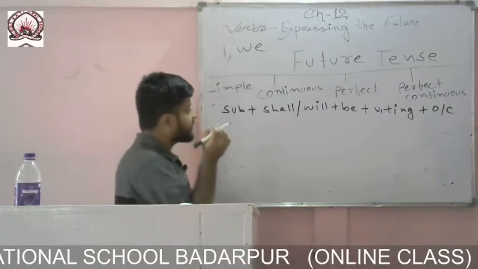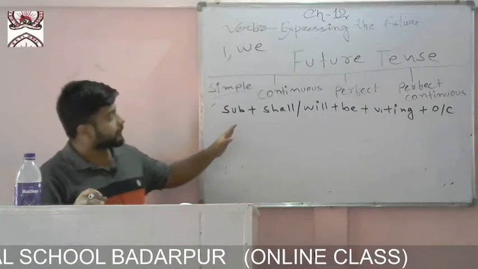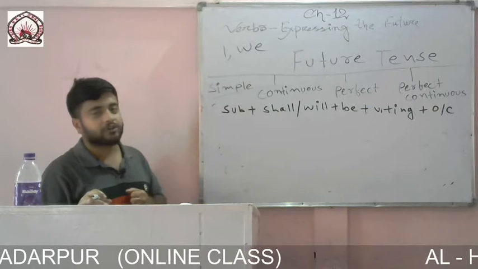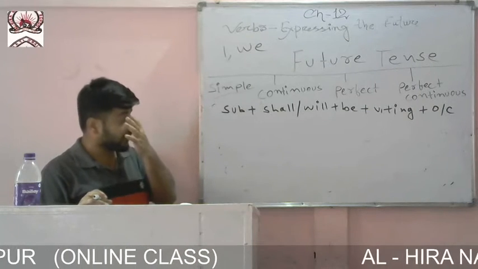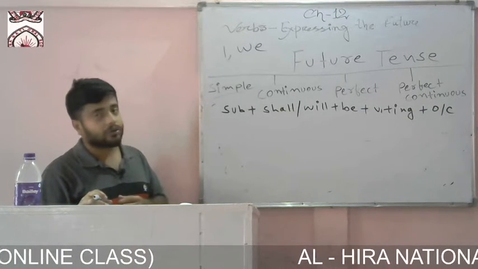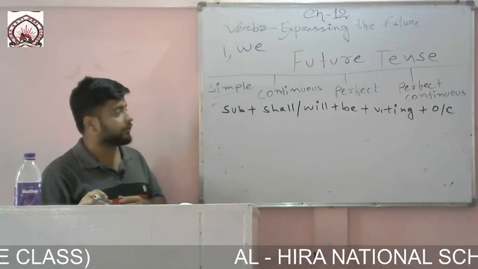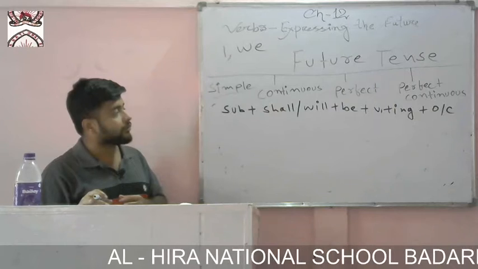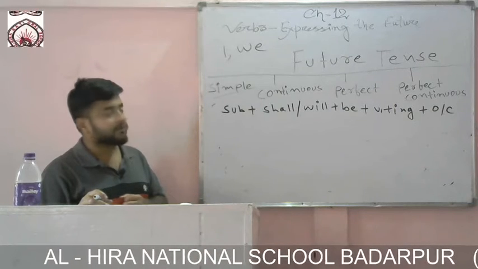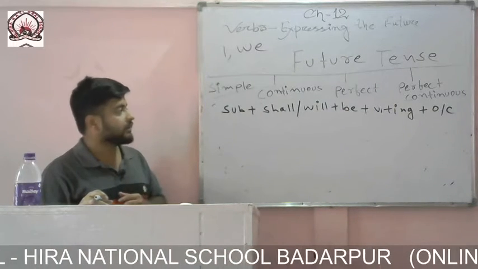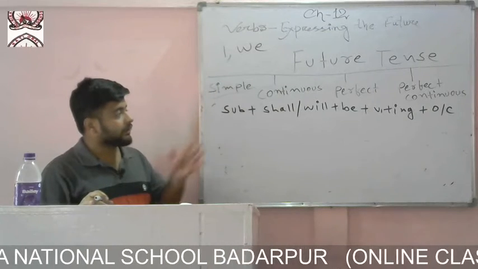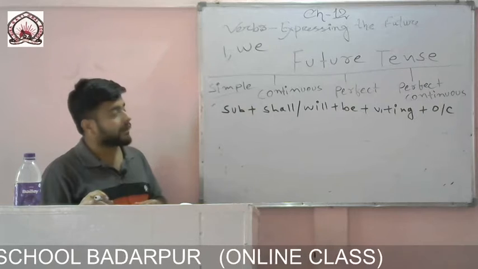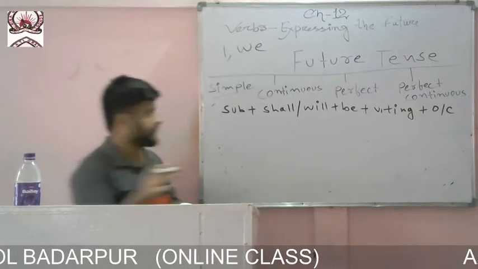Now if I write a sentence, again I am repeating it. At first we have to write a subject, then according to the subject we have to write shall or will, then after shall or will we have to write be. Then after this be we have to write a verb in first form plus ing, playing, singing, like this, then plus object or complement.